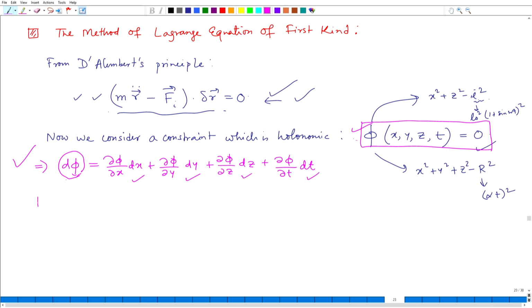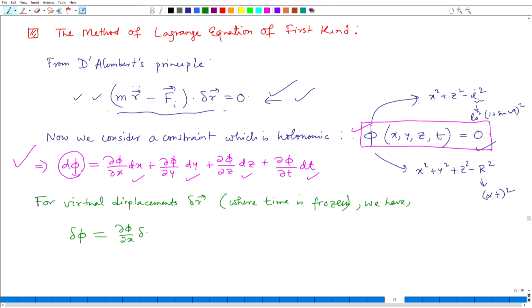But if we now do this for virtual displacements delta r, where time is frozen, I will not use d phi, I will use delta phi, and that will be equal to del phi del x delta x plus del phi del y delta y plus del phi del z delta z.